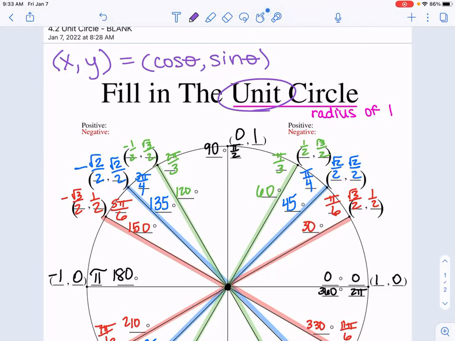So what this means is without having to draw a triangle and do the calculations, we know that the cosine of 135 degrees is negative radical 3 over 2.